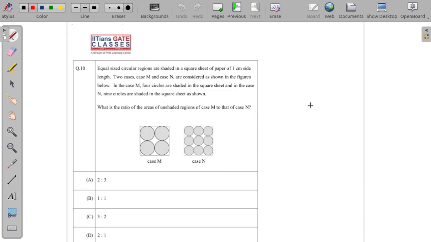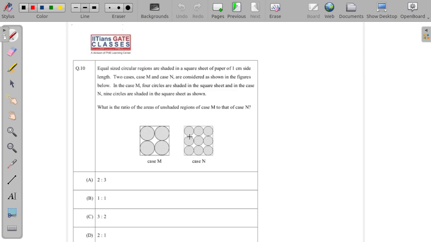So equal size circular regions are shaded in a square sheet of paper of 1 centimeter side length. Two cases, case M and case N, are considered as shown in the figures. So in case M, 4 circles are shaded, and in case N, 9 circles as shown.